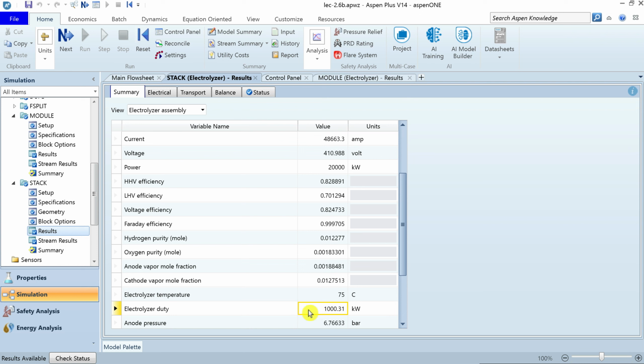That is mainly because of the difference between feed temperature and the electrolyzer temperature. Feed temperature was 72 degrees Celsius and the electrolyzer is operating at 75 degrees Celsius. So to raise the temperature by 3 degrees Celsius, the electrolyzer requires almost 1 megawatt thermal energy in addition to the heat produced within the electrolyzer because of the electrochemical reactions.